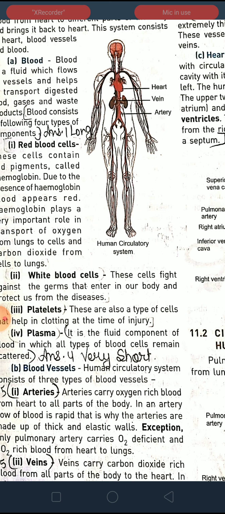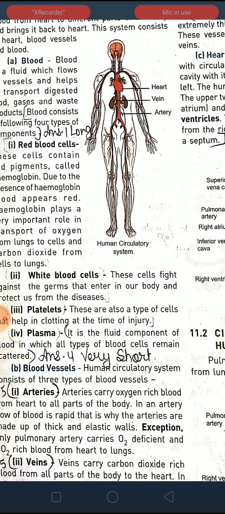When platelets come in contact with oxygen, air, they turn into a clot. Otherwise the blood will not stop, and because of excess bleeding a human being can die also. So platelets' work is also very important in our body.